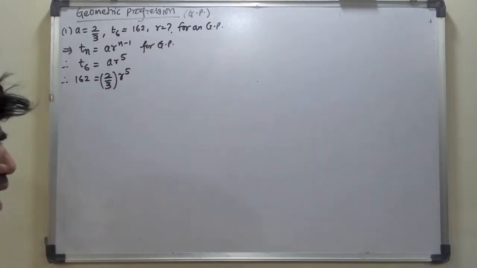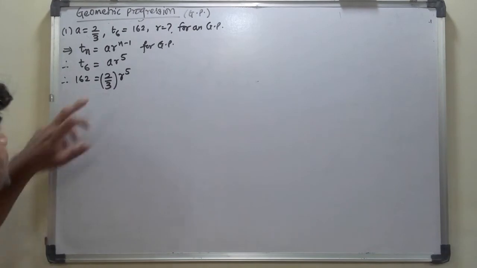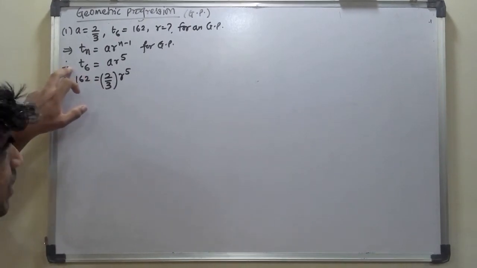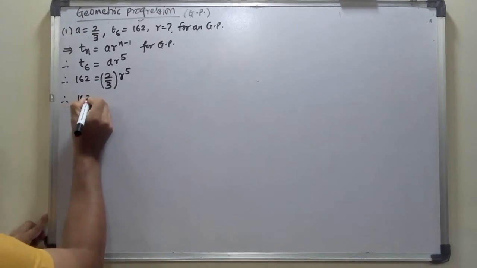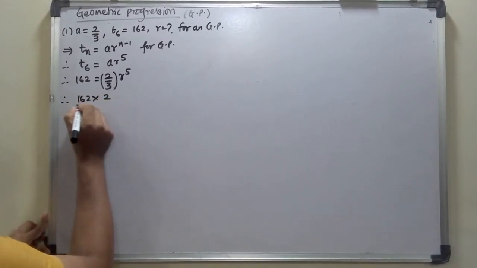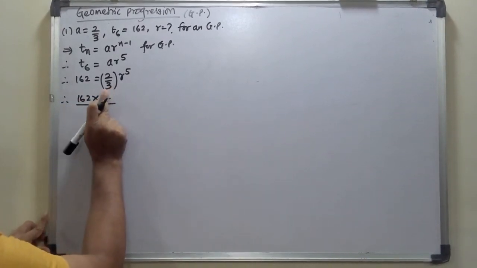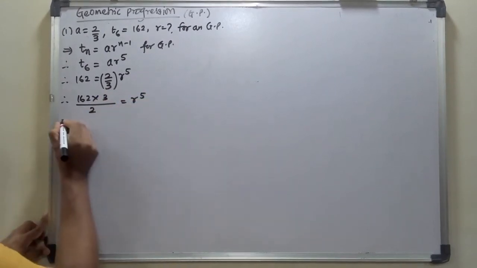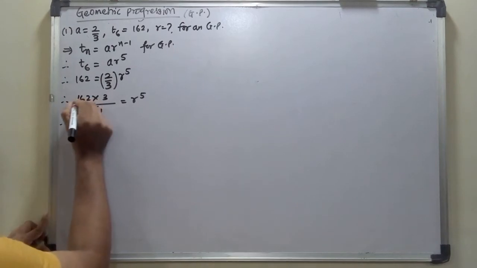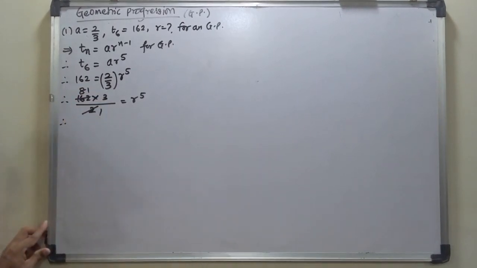Now coming to simple algebra that you do every time, this 3 is in division form, it will come here and become multiplication, and this will become division. So I get here 162 into 3 by 2 is R raised to 5, and this I think is 81, right?